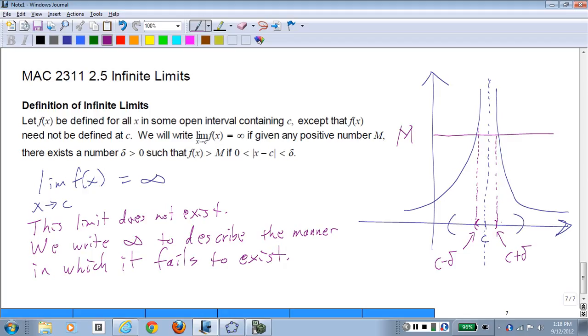If I give you this limit on the test and you say DNE, that, while true, is not the answer I'm looking for. If you can be as specific as positive infinity or negative infinity, you want to go ahead and do so.